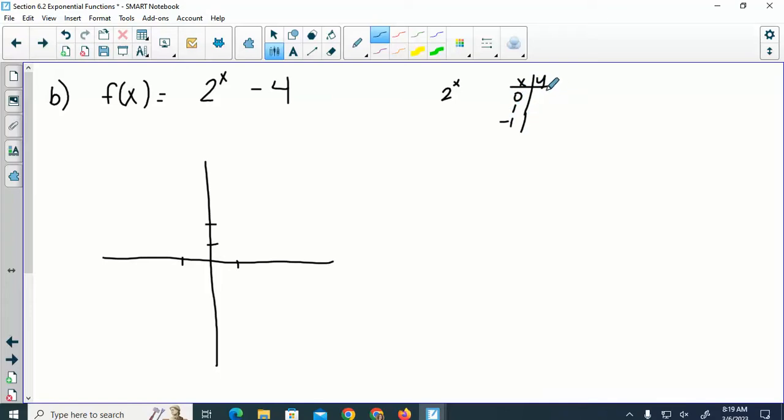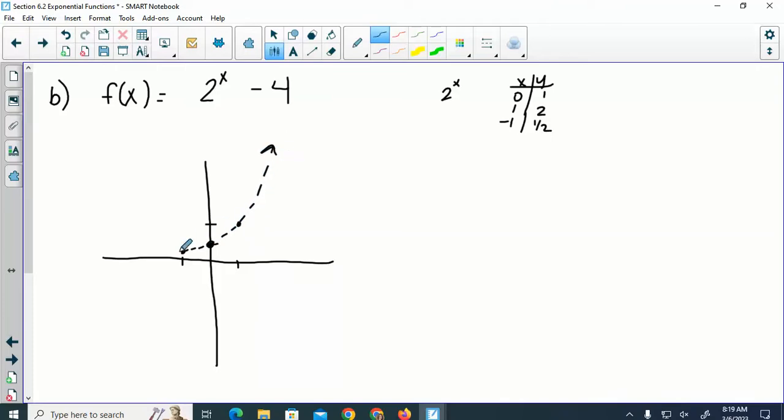So 3 to the 0, 3 to the first, and 3 to the negative 1. So we have 0, 1, 1, 3, and negative 1, 1/3. I'm going to do my transformation. So I'm just doing my parent function to start.